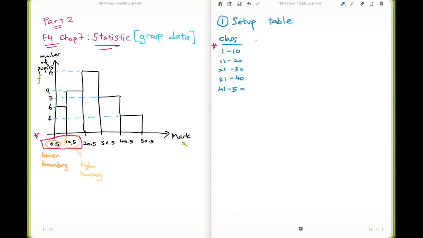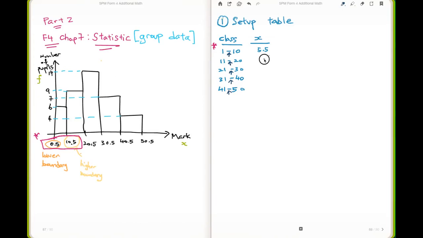Next, from the class, I will get to know my X. The X value will be the middle. 1 plus 10, 11, divided by 2 is 5.5. It's in the middle of each class.